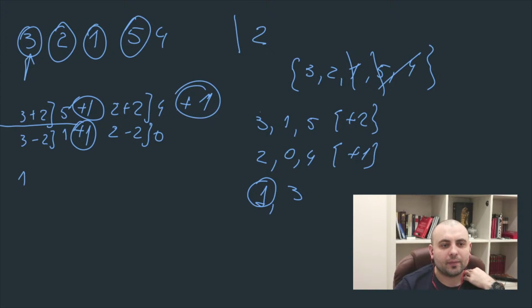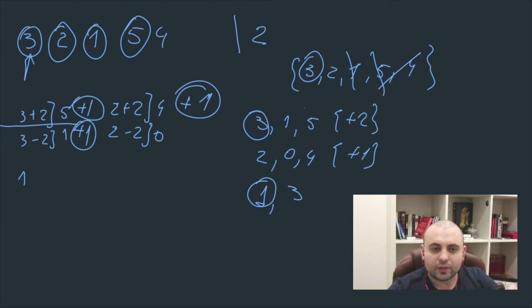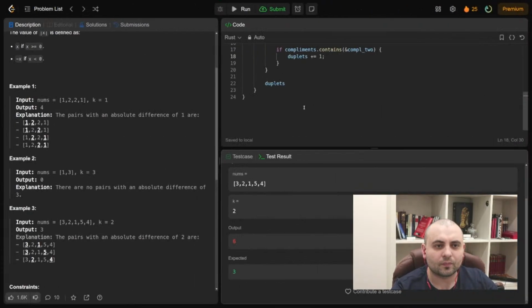We get the item only if it exists in the set. If it exists in the set, then we will try to add our tuples. If not, then there is no point in doing it. Yeah, let's try this.